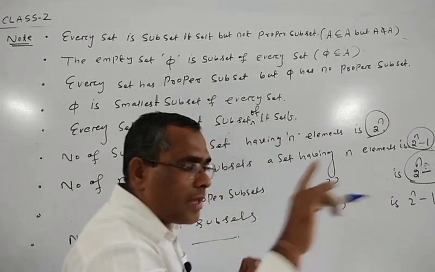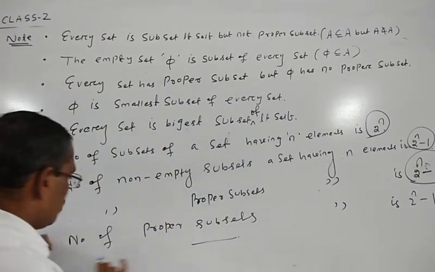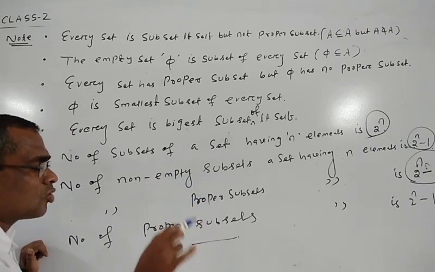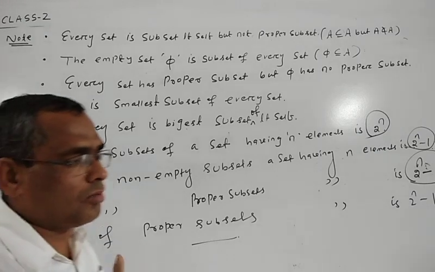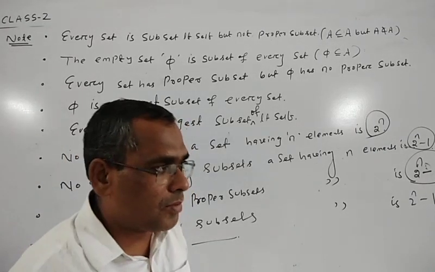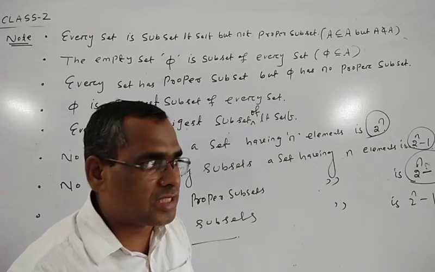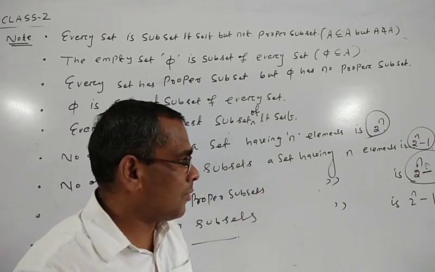Number of proper subsets of a set having n elements is 2 to the power n minus 1. For proper, we subtract only one, because a set is never a proper subset of itself. For non-empty, we subtract one, omitting the empty set. For non-empty proper, we subtract 2. Okay.